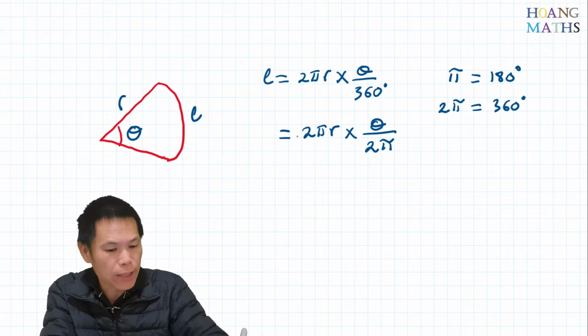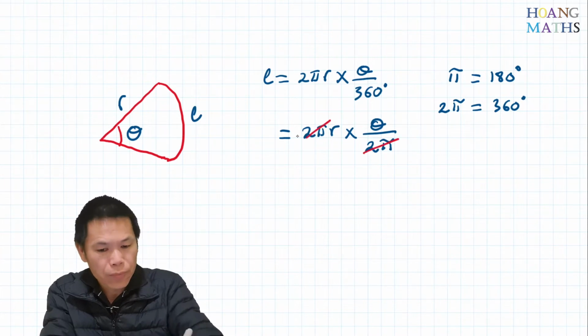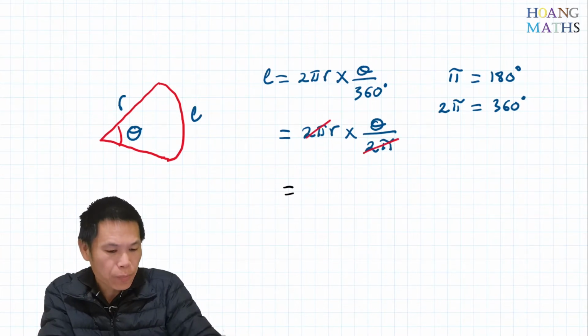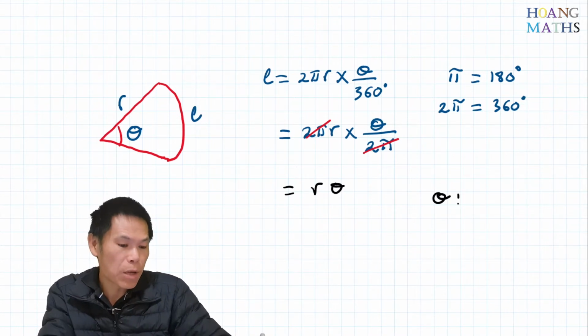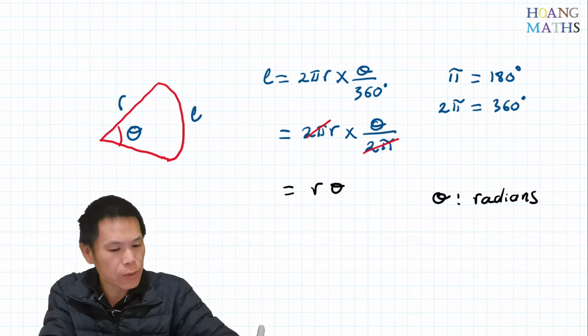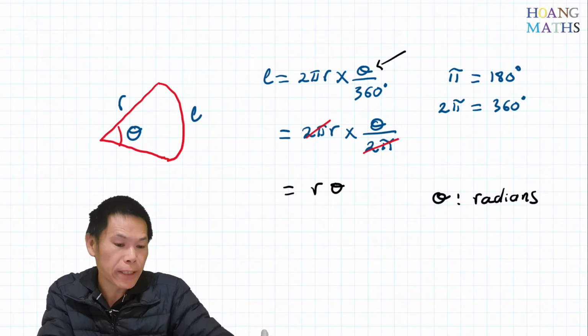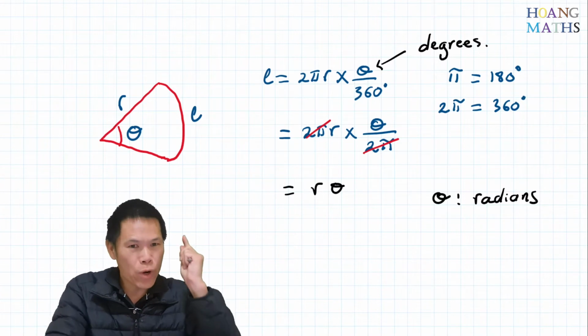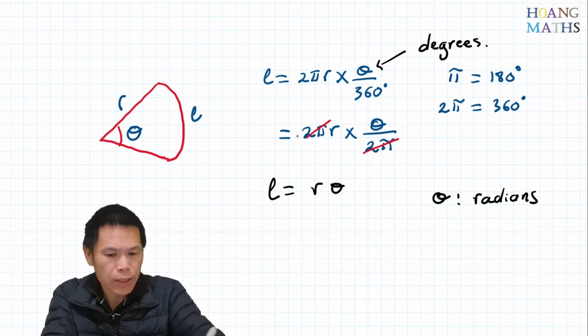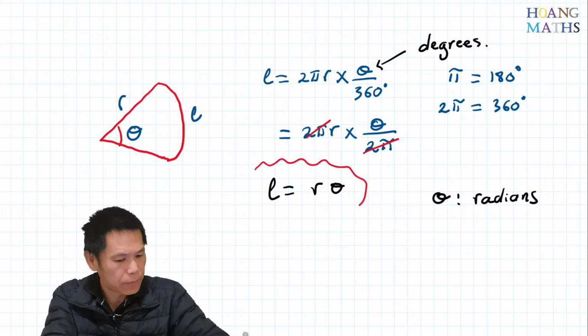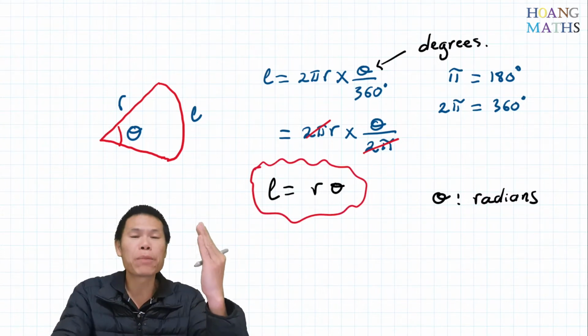If I cancel that, this will give me r theta, where theta must be in radians in this case, whereas this one here is in degrees. There you go. So now we know that the arc length L is equal to r theta. Please keep that in mind for me.